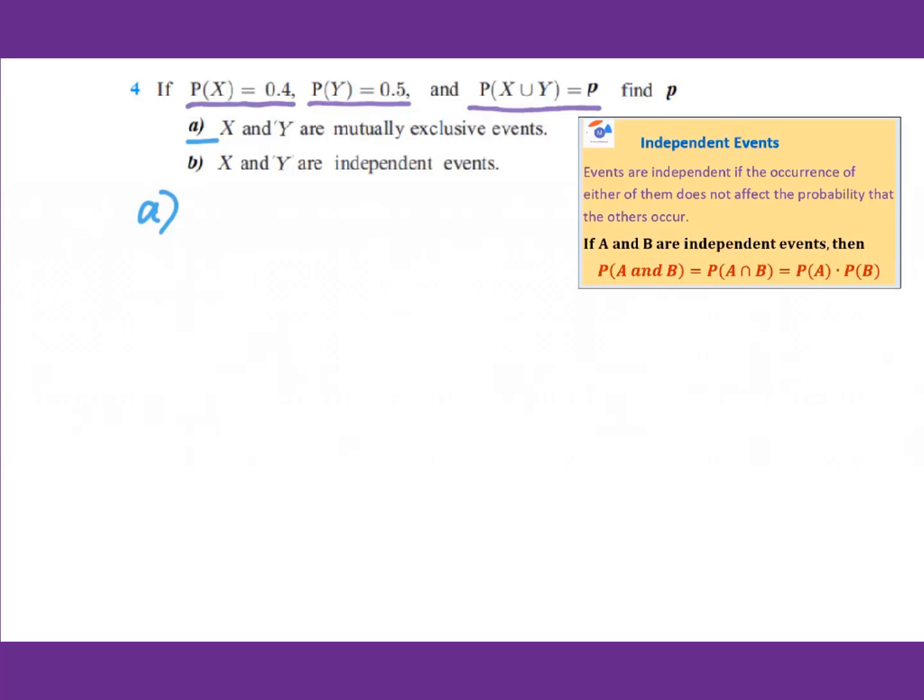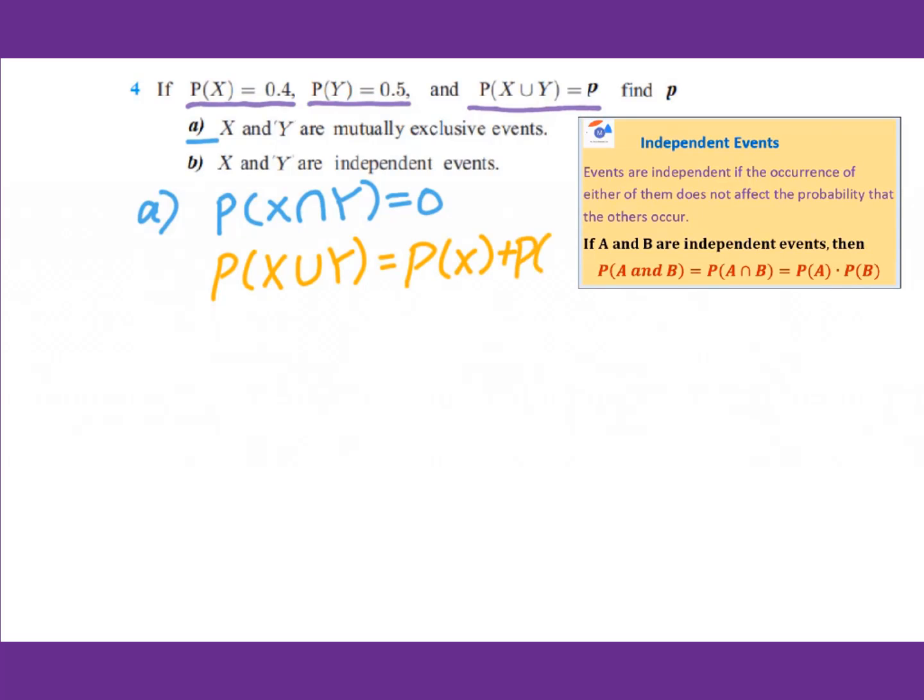For part A, mutually exclusive means the probability of X and Y equals 0. Therefore, we have the probability of X or Y equals the probability of X plus the probability of Y, which means 0.4 plus 0.5, you will get 0.9.